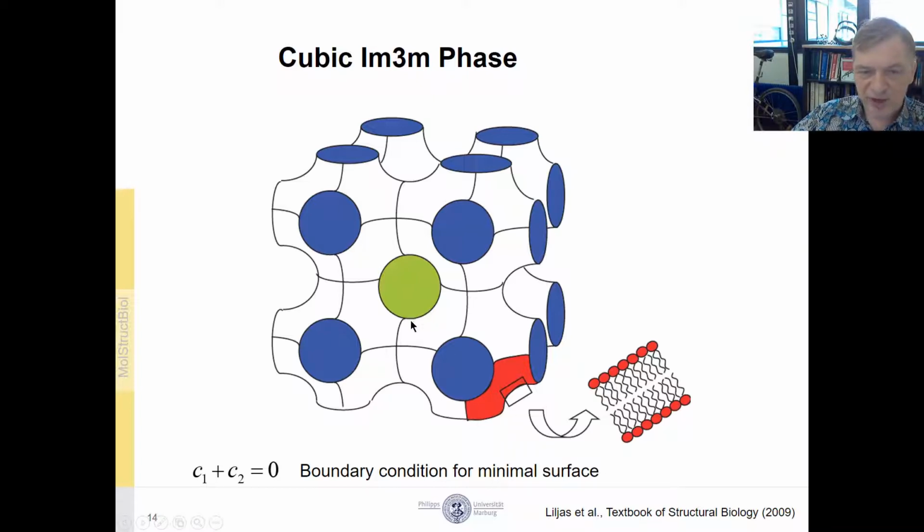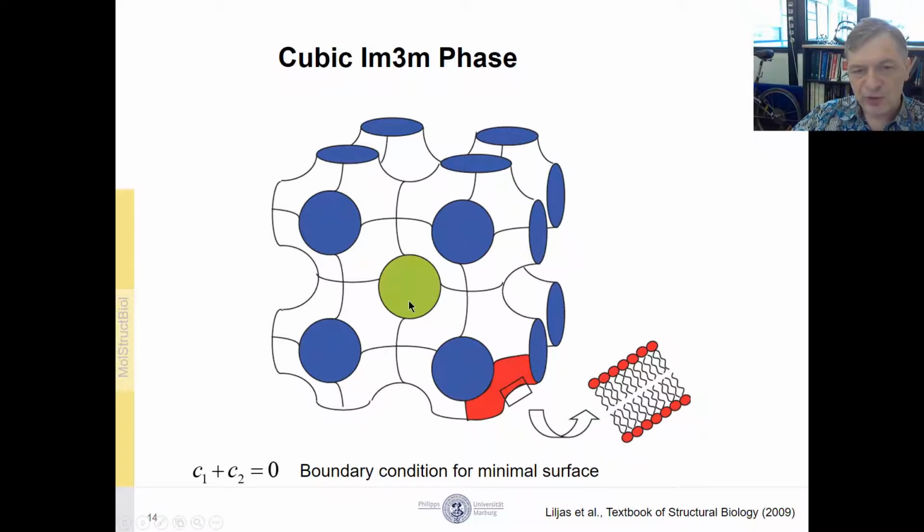So in this case, everything is highly curved, as you do see. Of course, the C1 is always counterbalanced by the curving at the other side of the bilayer. So it can be transformed from the kind of planar bilayer to this kind of phase.